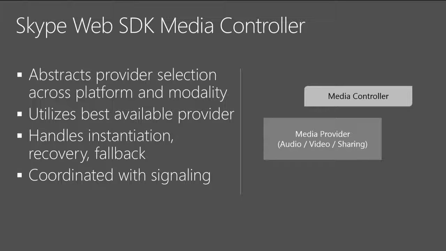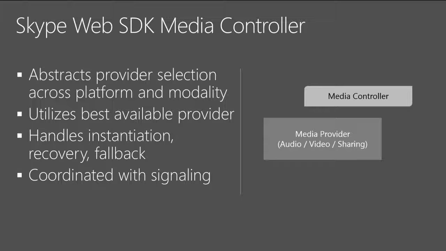Now, the other thing is that as WebRTC is maturing, obviously you don't want to be held to whatever the limitations are as the working groups move things forward. So we've implemented a model with a media controller that knows how to talk to different media providers, including the Skype for Business plugin. As we move forward, whatever the local WebRTC media stack will be, that provides a better, more seamless experience, not only for picking the best provider, but for giving you a more single-instance way to work across different hosts and different providers.